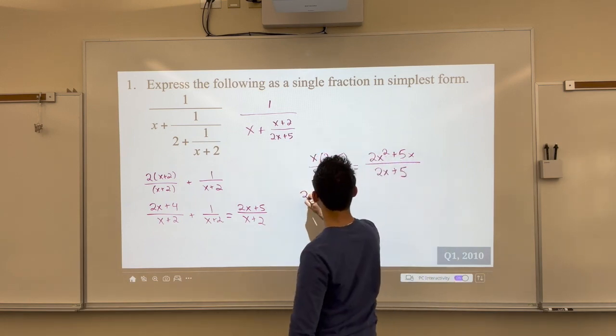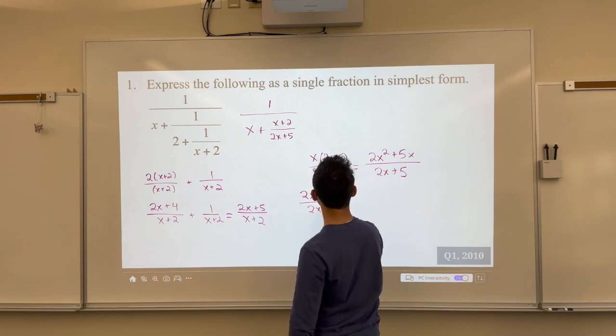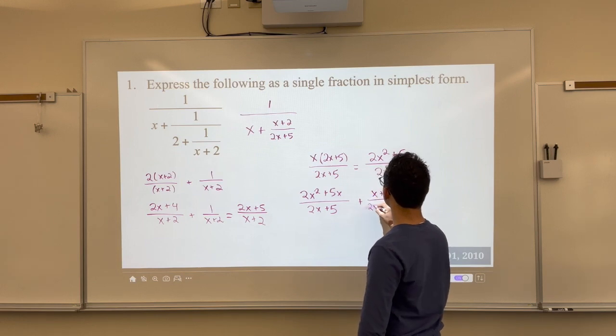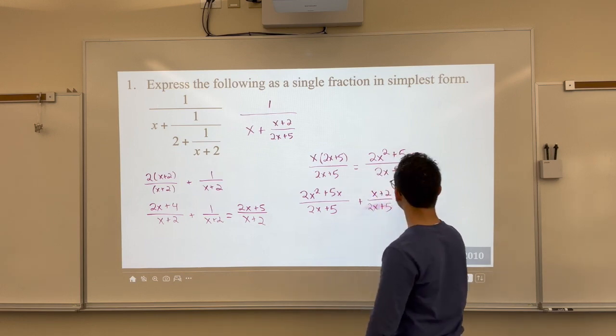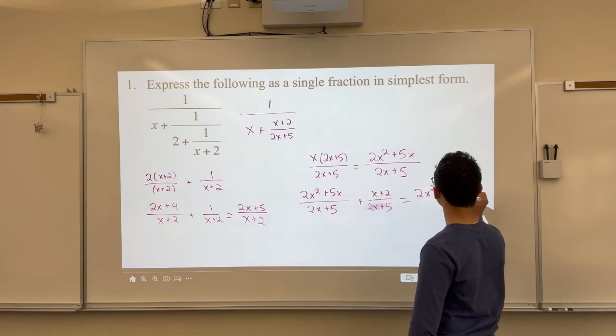So down here we have 2x squared plus 5x over 2x plus 5 plus x plus 2 over 2x plus 5, and that would equal 2x squared plus 6x plus 2 over 2x plus 5.